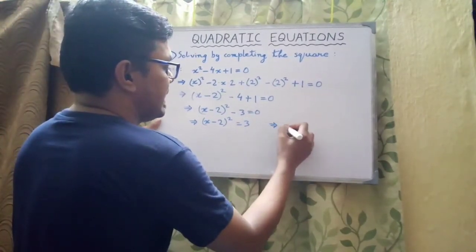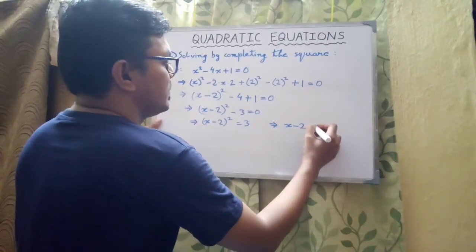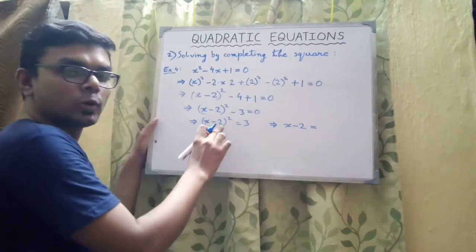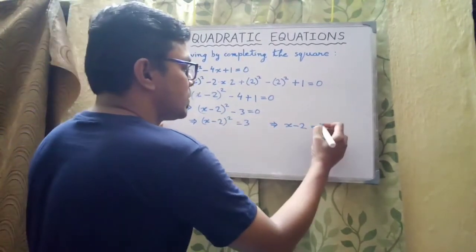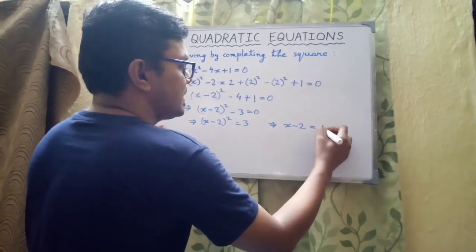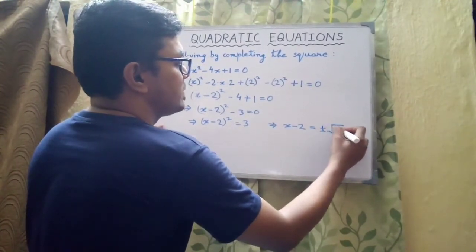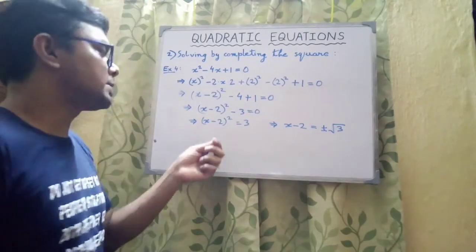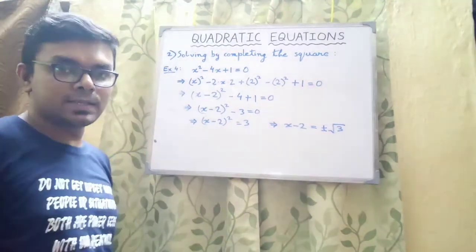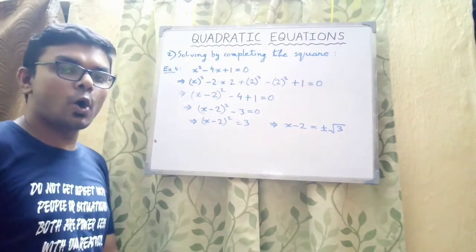Now when we have x minus 2 whole squared as plus 3, we will have x minus 2 equals to plus minus square root 3. Whenever we are finding the square root, we have to use the plus minus sign, because it could be either plus root 3 or minus root 3.